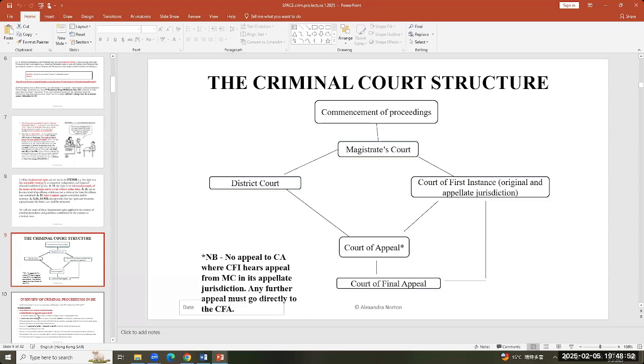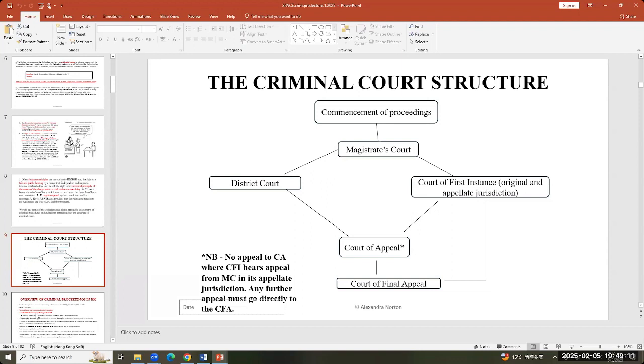There's no sidestepping that. So a defendant's first appearance will always be in the magistrate's court. After that, depending on whether the defendant pleads guilty or not, and depending on the seriousness of the charge, it may be moved to a different court.